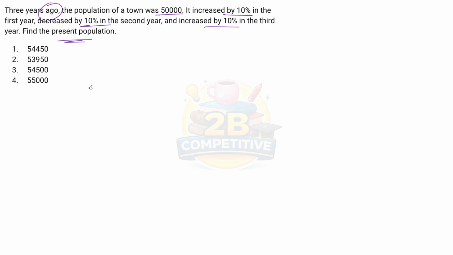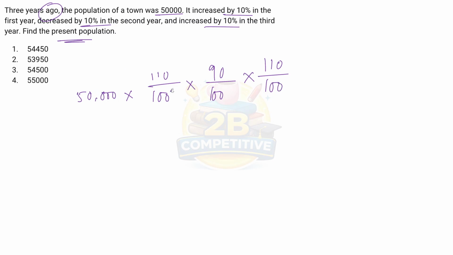So 3 years ago the population was 50,000. First year increased this, second year decreased by this, third year increased by this. Now solving this. Okay. So 11 into 11.